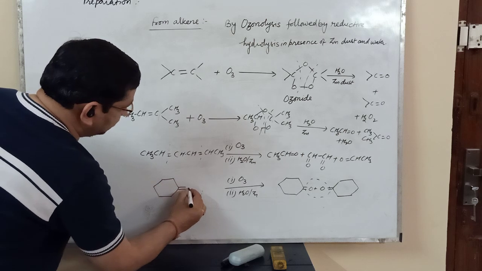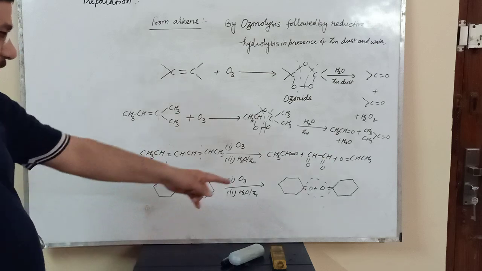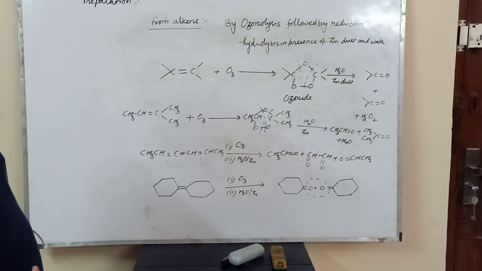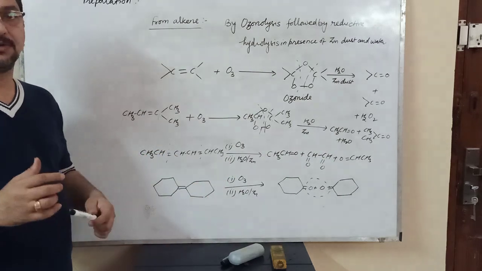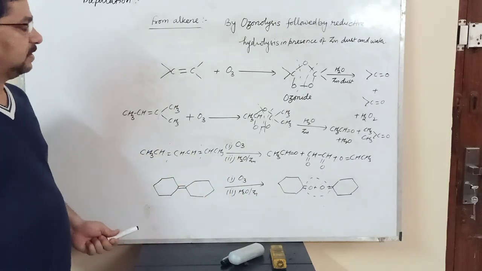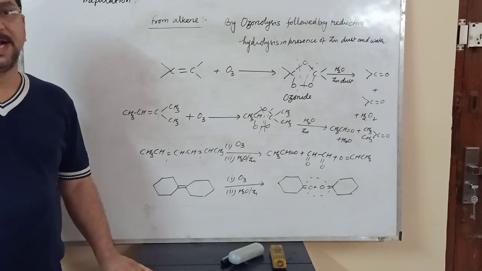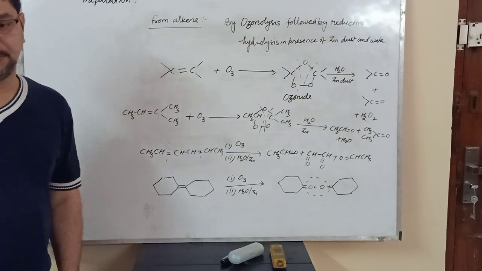So this is the reacting alkene which gives the product here. In this way we are also able to find out the alkene from which we obtain the ketones or aldehyde, and this is the ozonization of alkene which gives aldehyde as well as ketone.